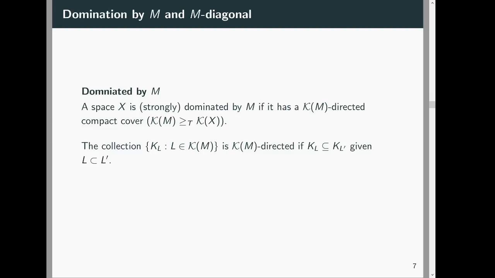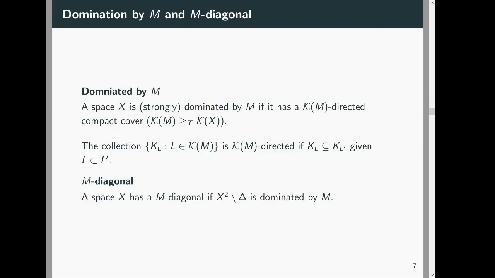This collection is Km directed if we can get KL is a subset of KL prime given L is a subset of L prime. So that's directed.